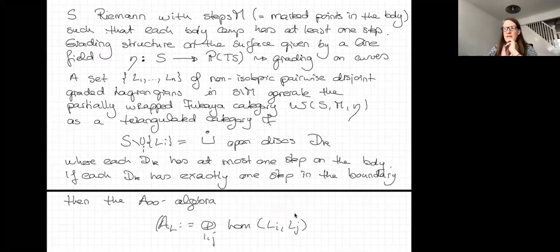get this A infinity algebra, and then they put a remark, and I mentioned this also last time very briefly, that using a similar proof as the proof that Abouzaid gave for the infinite global dimension case, it shows that this is actually the partially wrapped Fukaya category of a root.